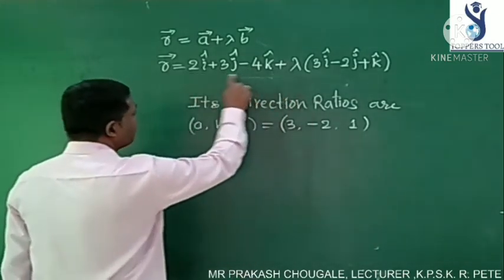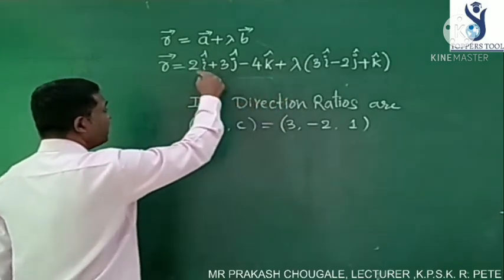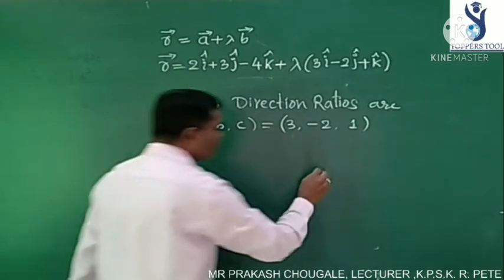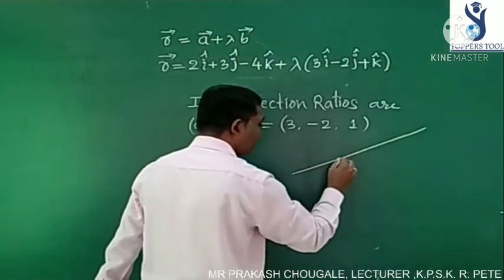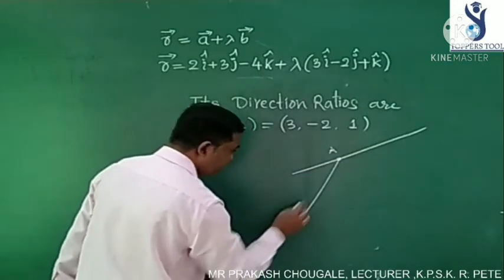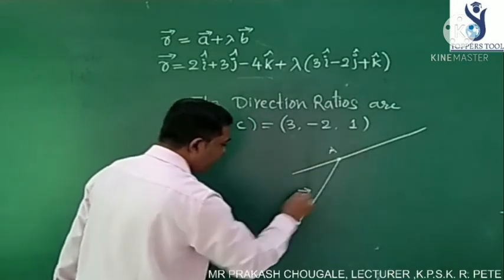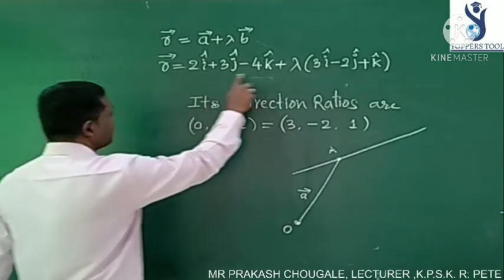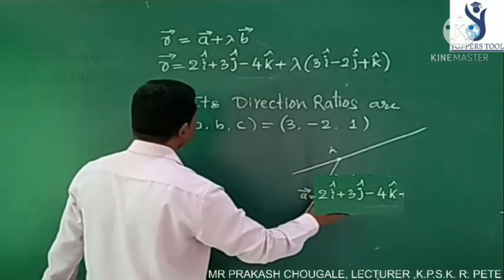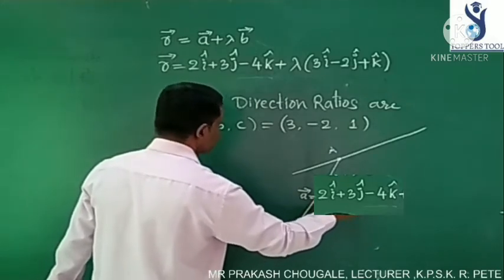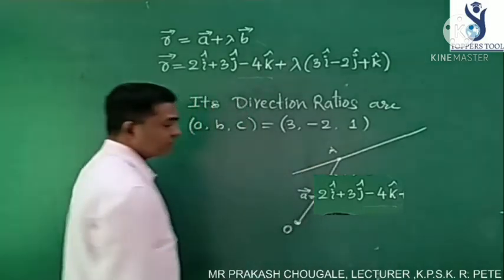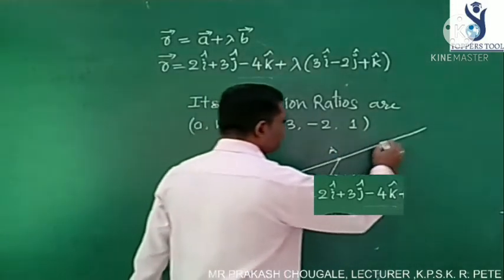This vector stands for the position vector of a point that lies on this line. Suppose a line is passing through this point A, then its position vector is nothing but vector a, and that is nothing but this vector, that is your 2i cap plus 3j cap minus 4k cap. So what is the direction of this line?